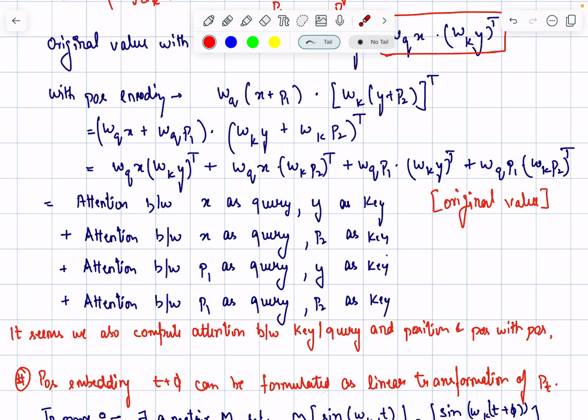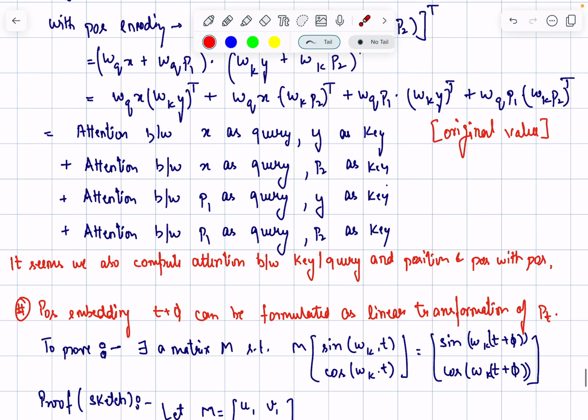So you are not attending to the word embedding or the token embedding, rather the positional embedding. And similarly, what happens when you use the position as the query but the exact token as the key? And similarly, what happens when you simply attend on the two positions p1 and p2 as query and key respectively, right? So it seems that we compute attention between token and token, token and position, position and token, and position with position, right? So all four combinations are being used here.